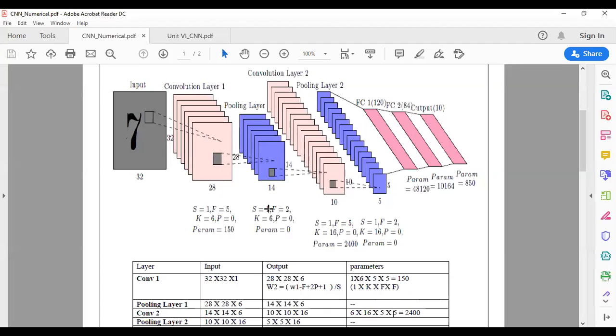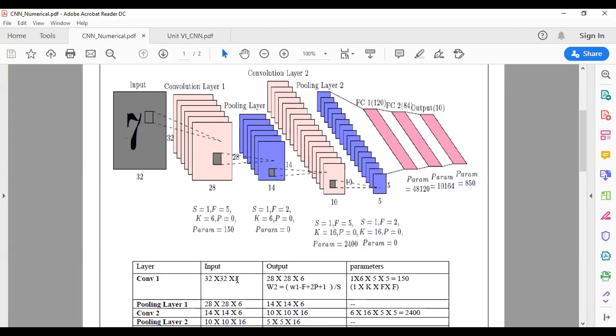Because the stride is 1, I know that the output image will just be half. So the size of the output is 14 by 14. These are the 6 layers that you have. So even after max pooling, it will be 6. So the output will be 14 into 14 into 6. I have used a general terminology where I'm writing the depth at the end.